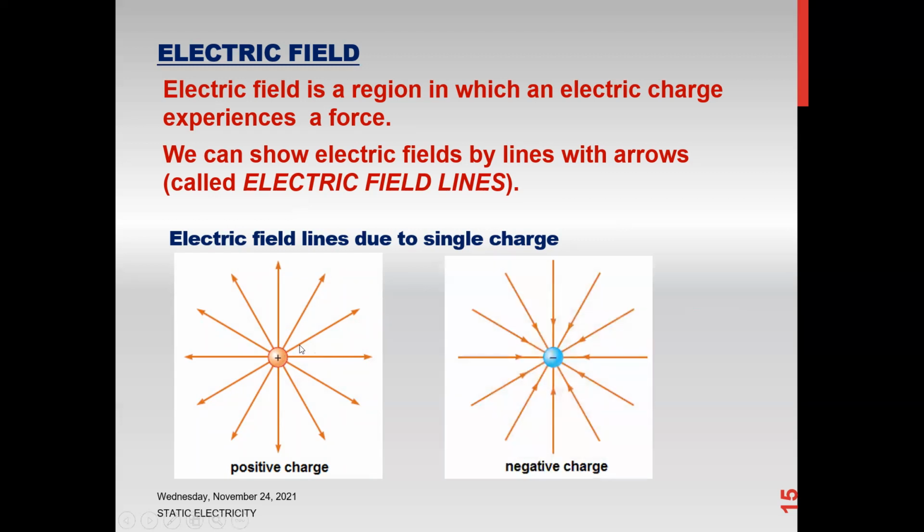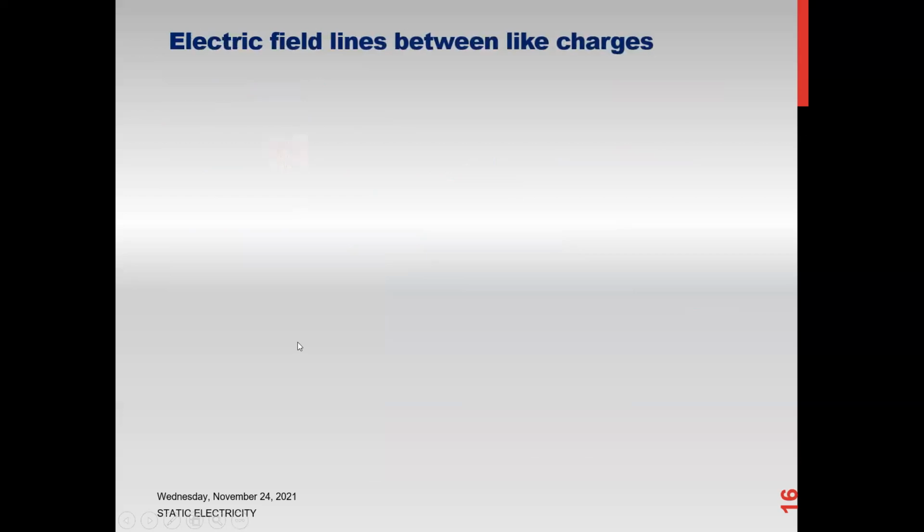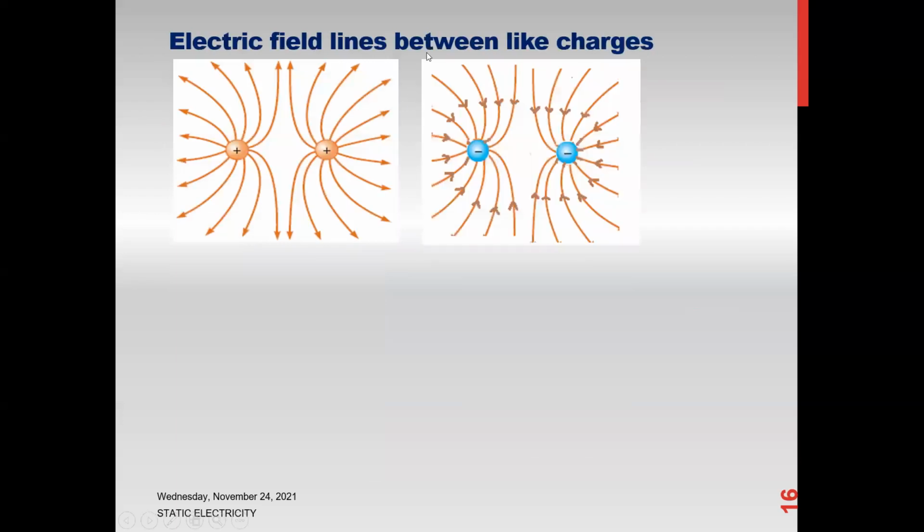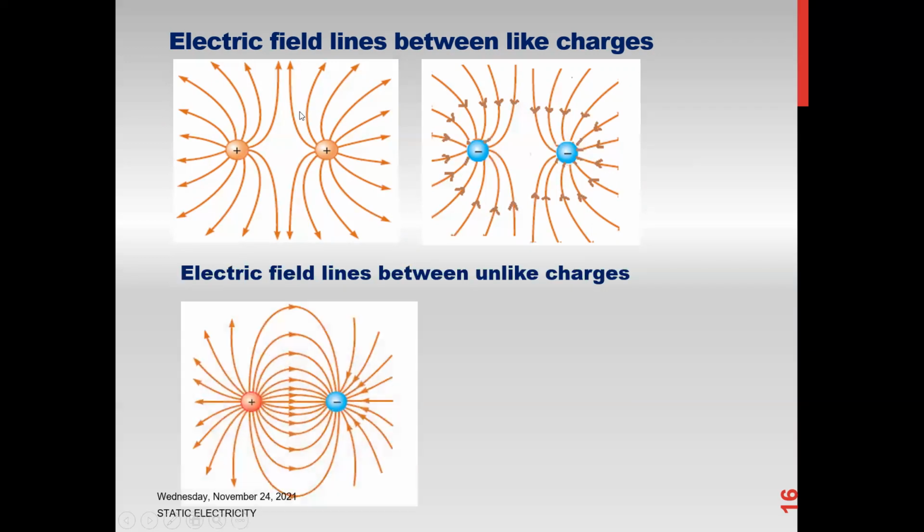For a negative charge, you draw the arrow inward. And if you have two like charges, as they repel, between them there are no field lines. What does it mean? If there are no field lines, it means there is no force. Charges placed in this region don't experience any force, as the two fields try to cancel out each other.